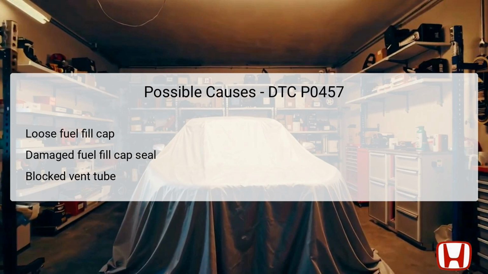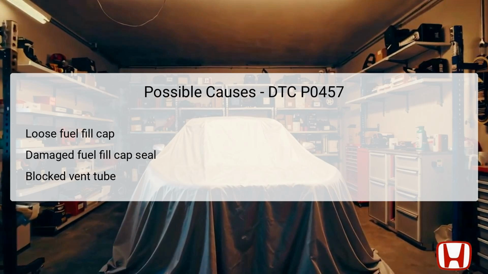The first cause typically is a loose or improperly installed fuel fill cap. If the cap is not tightened to the point where it clicks into place, it can result in a leak. Secondly, the fuel fill cap seal might be damaged or missing. This seal must maintain its integrity to prevent vapor escape.